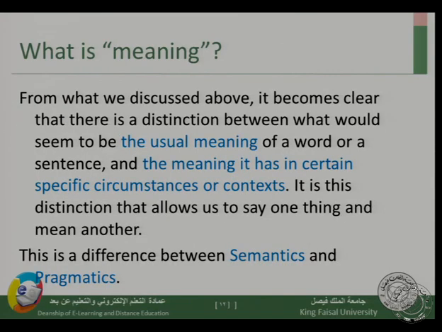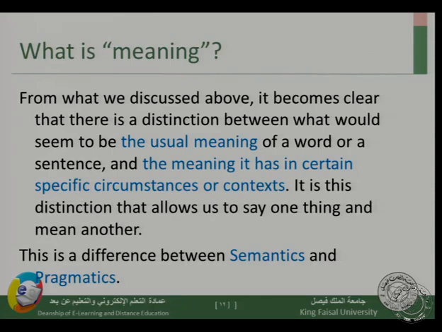From what we discussed above, it becomes clear that there is a distinction between the usual meaning, the meaning that we find in the dictionary, of a word or a sentence, and the meaning that it has in a certain specific circumstance or context. If you're looking at a situation, or at the context, you are looking at pragmatics.